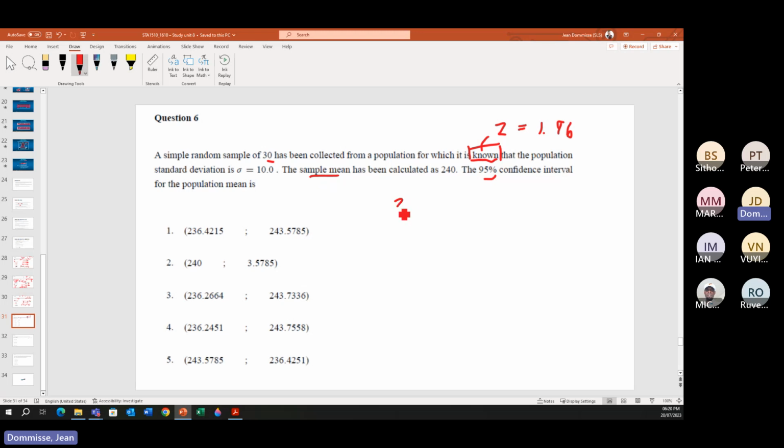Okay, let's look at the sample mean. Sample mean 240. So let's just, for starters, eliminate. 240 in the middle, that one can work. So that is probably going to be the one that we need to subtract and add.